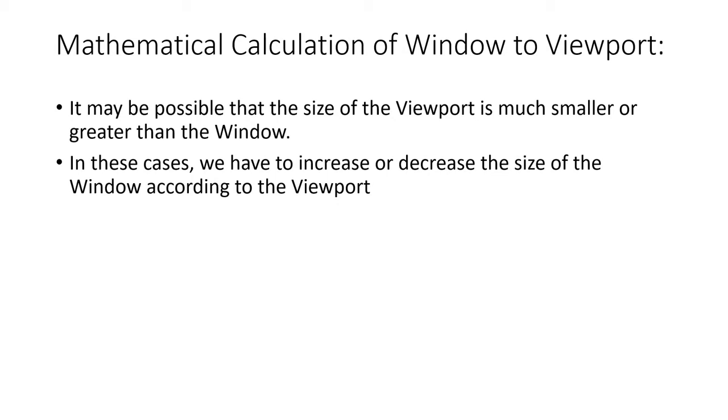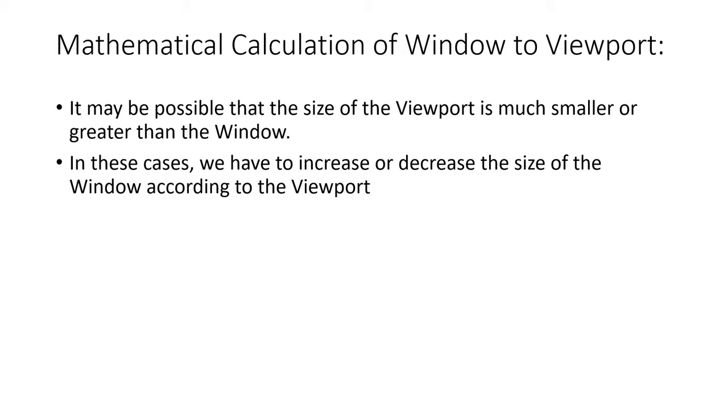Whenever you are capturing, let's say, a hill, the actual view of the hill may look bigger in our eyes, but when it is captured in the mobile, without any zooming, under default circumstances, it is always going to look a bit smaller than what you have seen in the world coordinates.